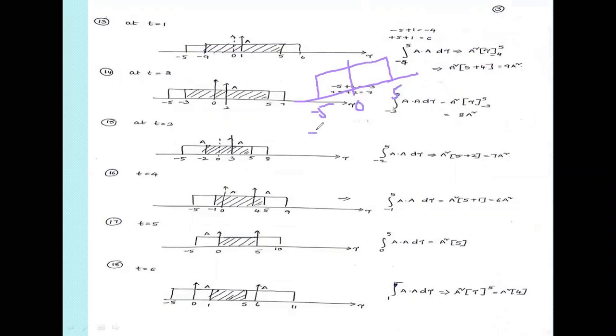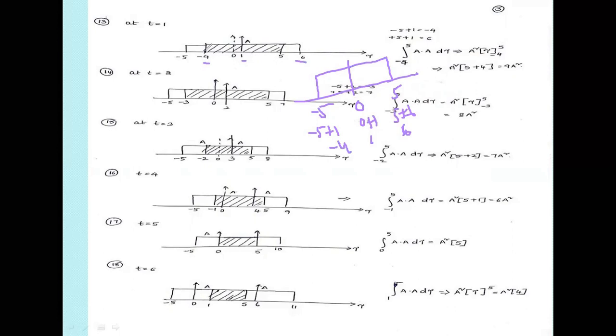Now at t equal to 1: minus 5 plus 1, 0 plus 1, and 5 plus 1. That means minus 4, 1, and 6. See, minus 4, 1 and 6 moves towards the right side.